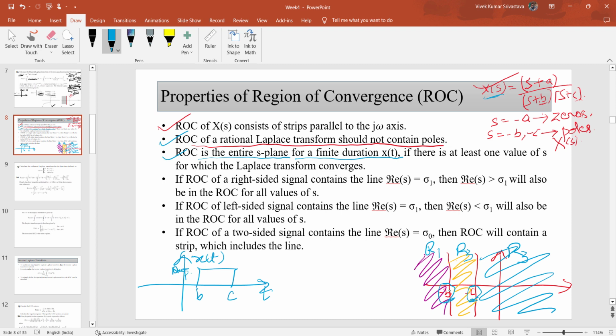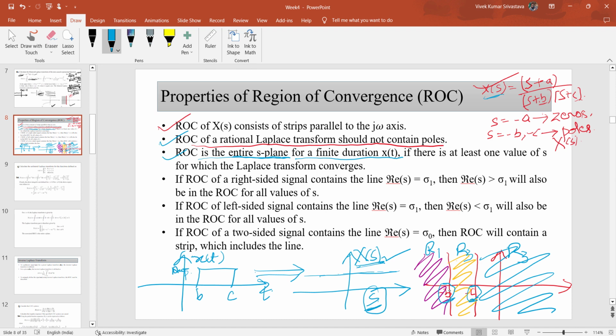For this finite duration signal, once you plot this in the Laplace domain, the ROC will be the entire s plane. Entire s plane means X of s is defined for all values of s, so it will converge for all values of s.